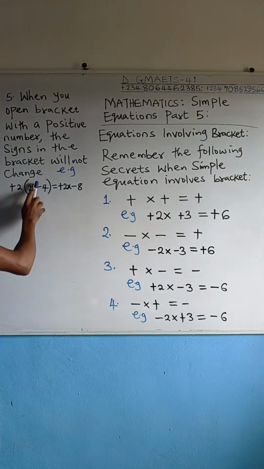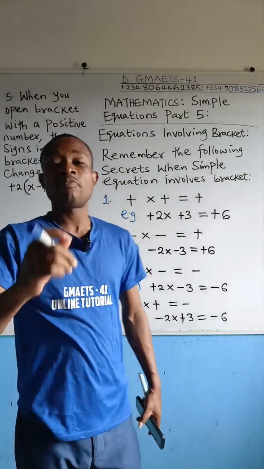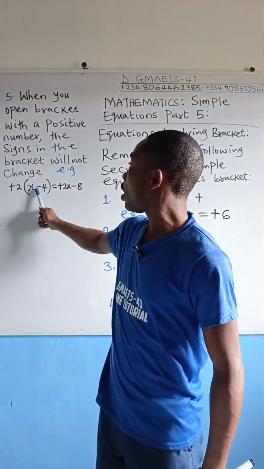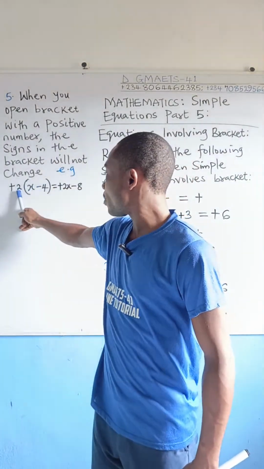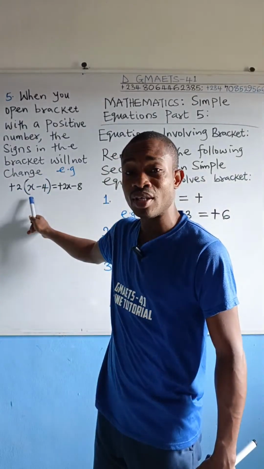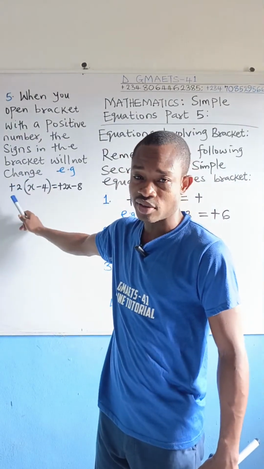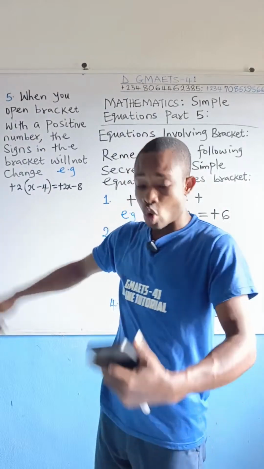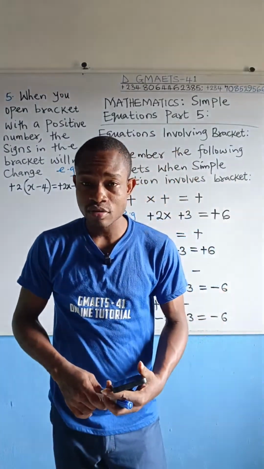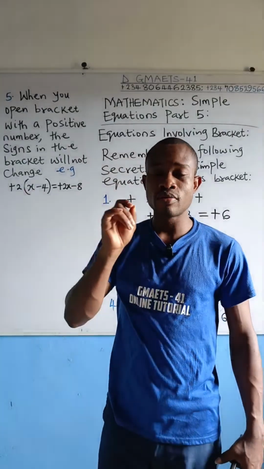So the idea is this: if a positive number is opening the bracket, because this bracket is interpreted to mean times, this is 2 times whatever you have in the bracket. So if it is a positive number, the signs in the bracket will remain the same.